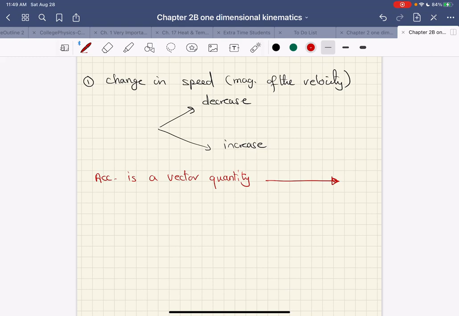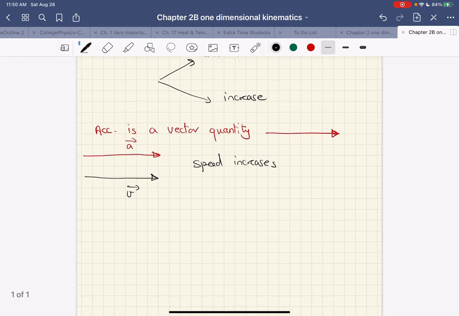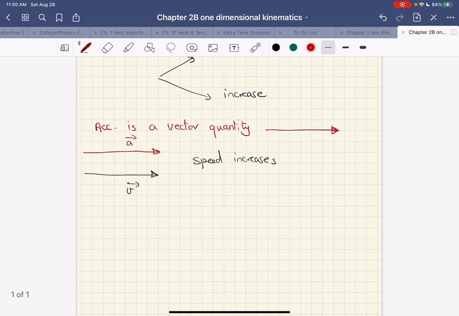Now, when we have the acceleration as a vector in the same direction as the velocity, speed increases. And when we have the acceleration in the opposite direction of velocity, speed decreases.